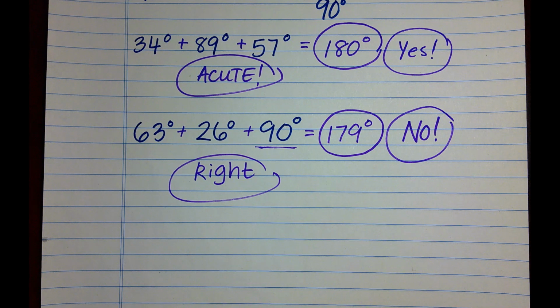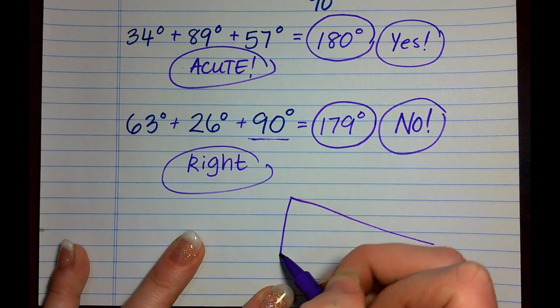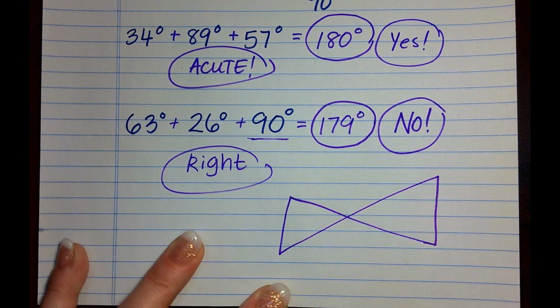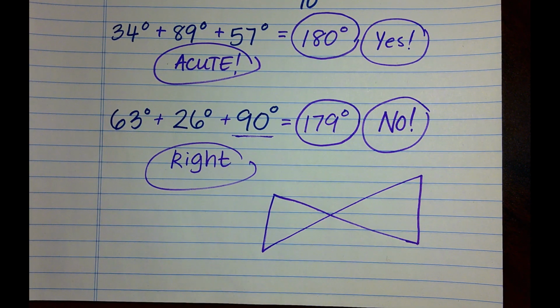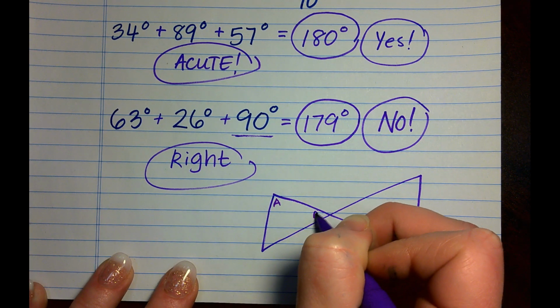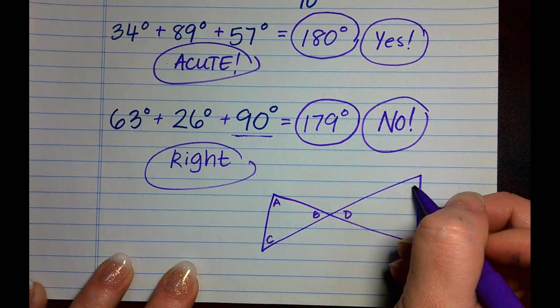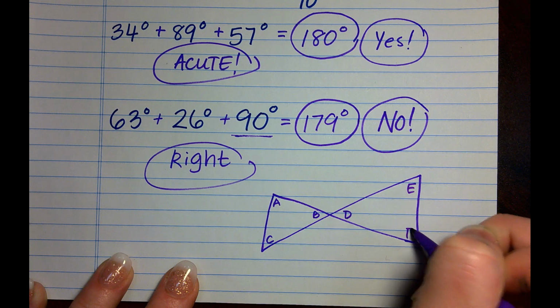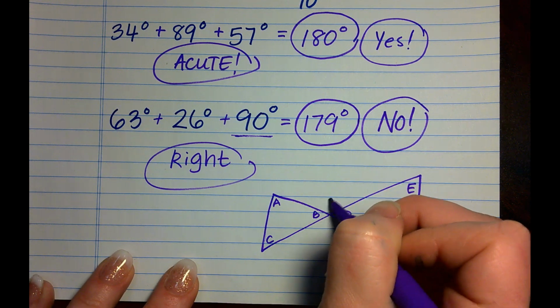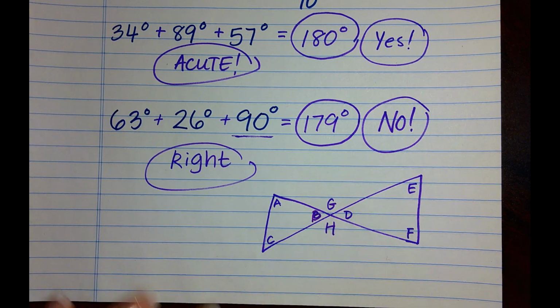It's those core things we've been talking about. So, for example, let me draw this shape for you. And let me label this A, B, C, D, E, F, G, H. Whoa, a lot of letters.